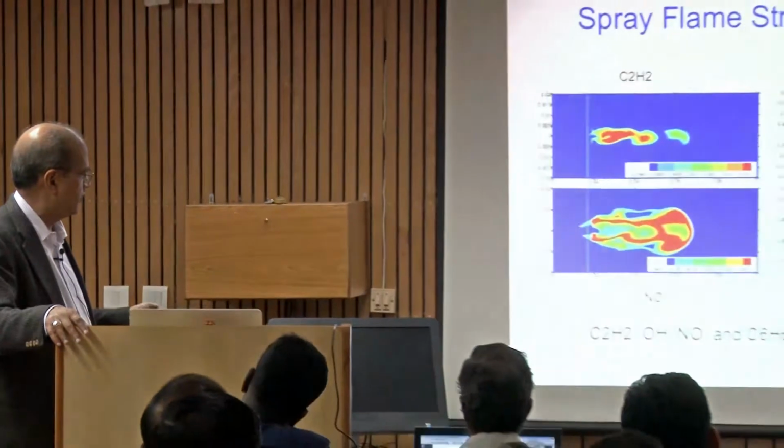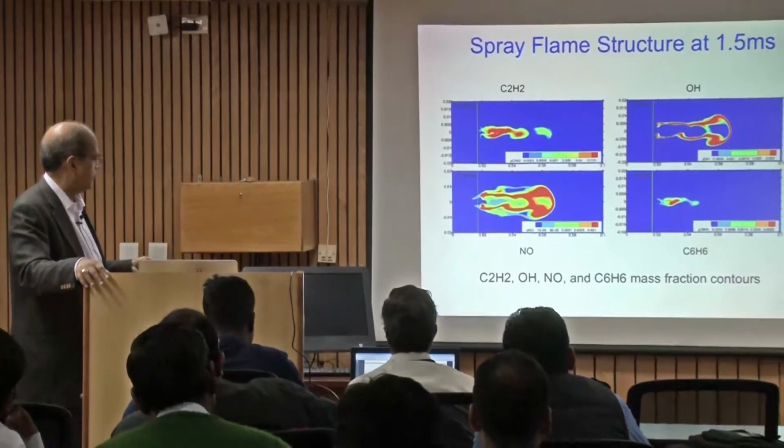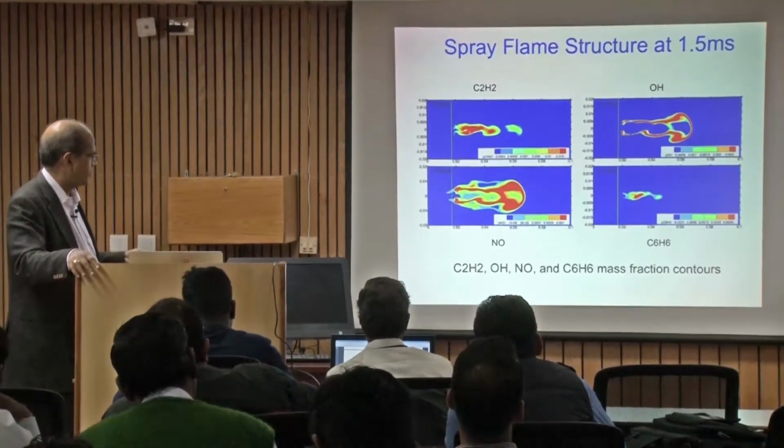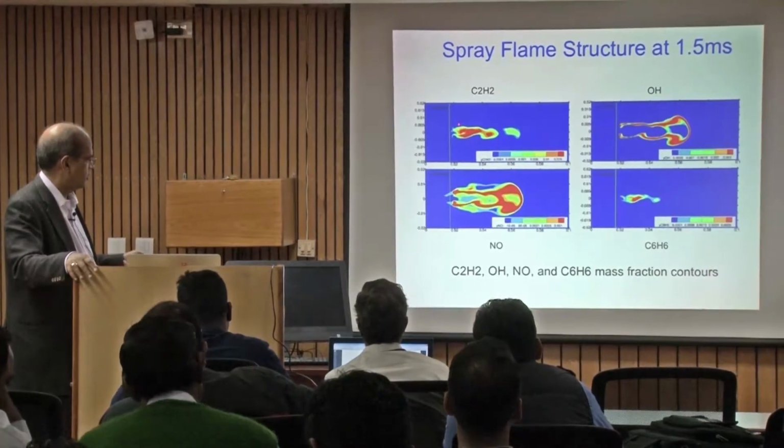So if you plot C2H2 contours, that indicates the rich premixed zone, because C2H2 we know from our counterflow calculation is produced in the rich premixed zone. Remember earlier I was showing you today the counterflow results. So even for this turbulent spray, very complicated flames, the fundamental concepts hold, right.